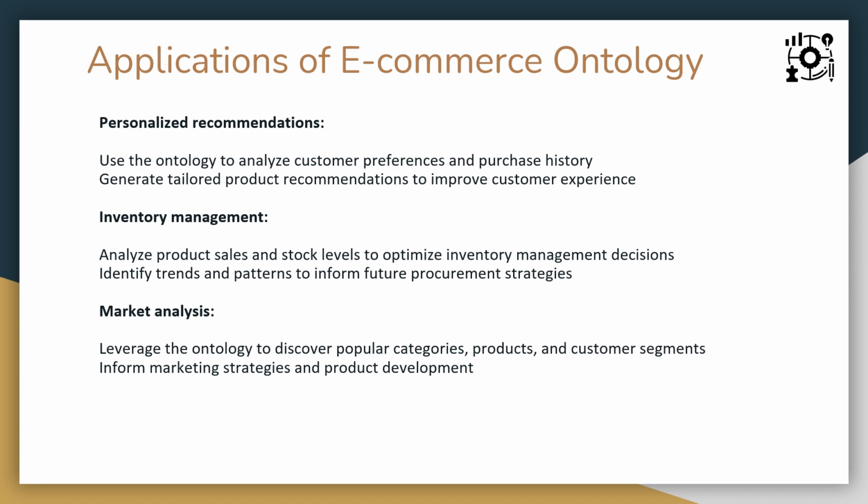Those kinds of trends and patterns we can also get by querying this e-commerce ontology, and based on that we can inform our inventory team to prepare for future procurement strategies, and also for market analysis. We can leverage the ontology to discover popular categories and popular products which are sold the most, and customer segmentation can also be done using these queries.